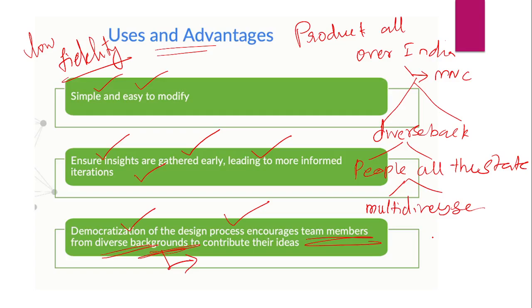So you can think of Maharashtra, Madhya Pradesh, Gujarat, Indore, New Delhi. Likewise, the team members will be from diverse backgrounds. So it is easy to get modified information, and user experiences from different states, with the help of a single prototype model, they can contribute their ideas.